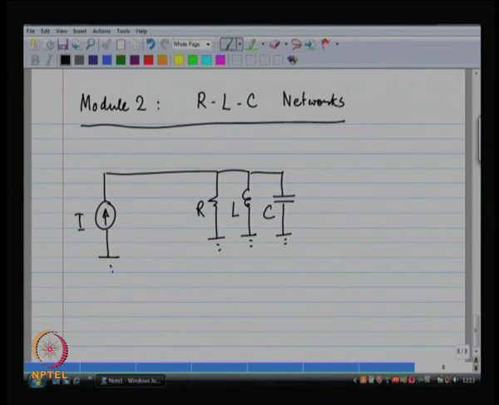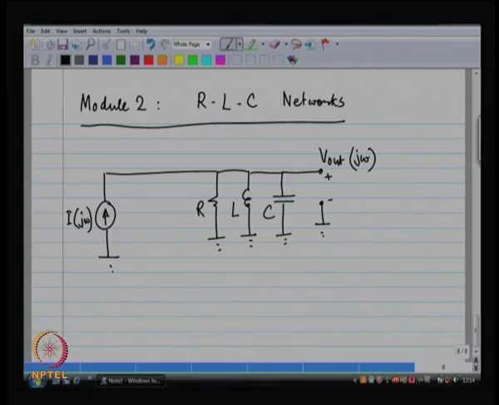And how does this respond? So, if I is a function of omega, what is the relationship between the output voltage and the current, input current?